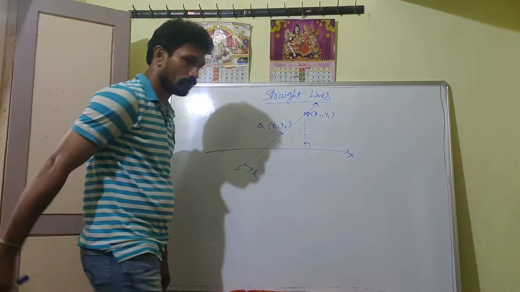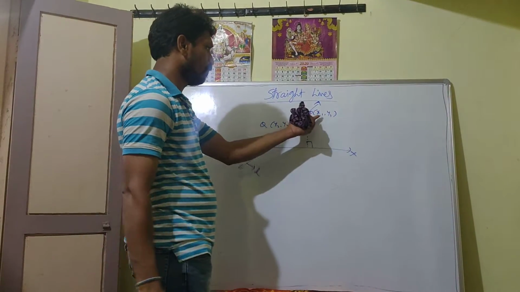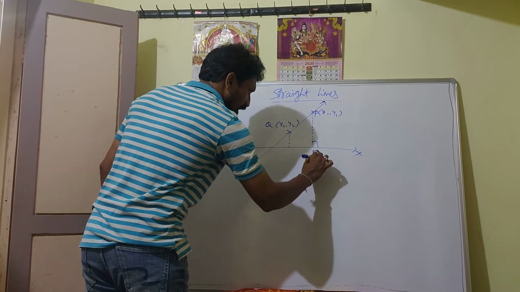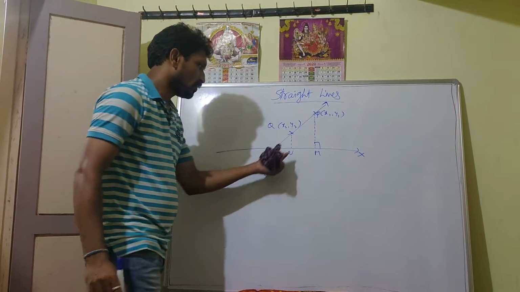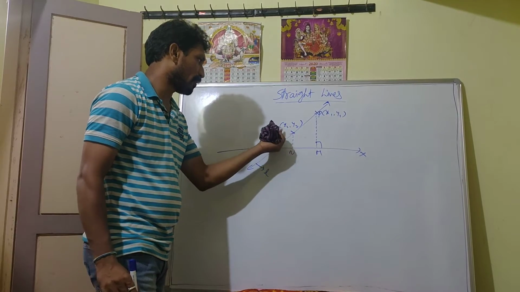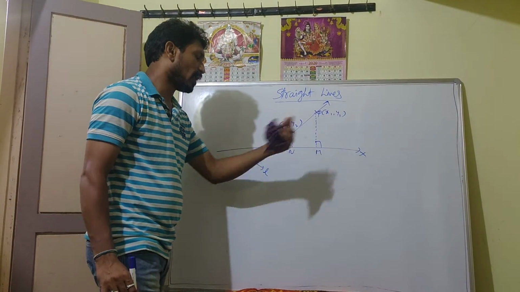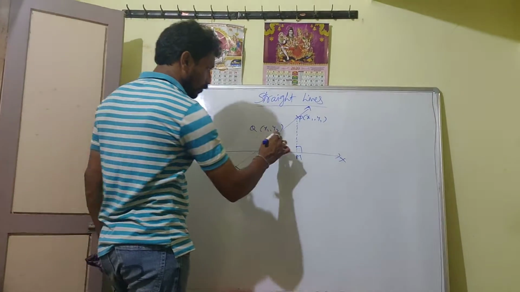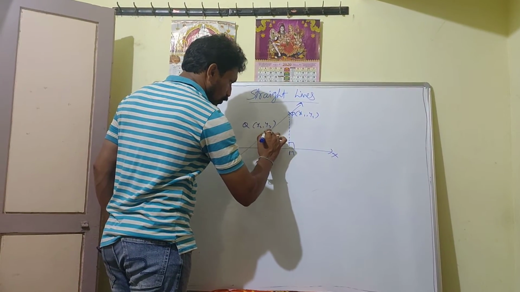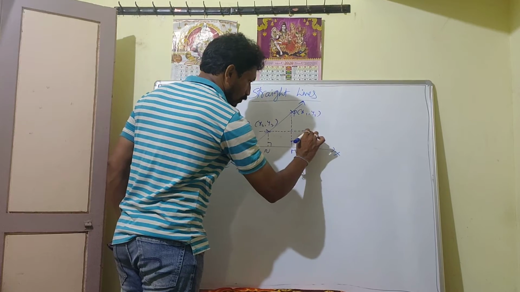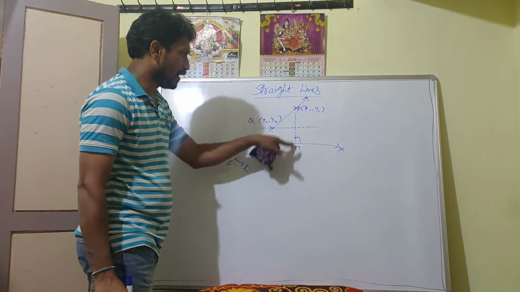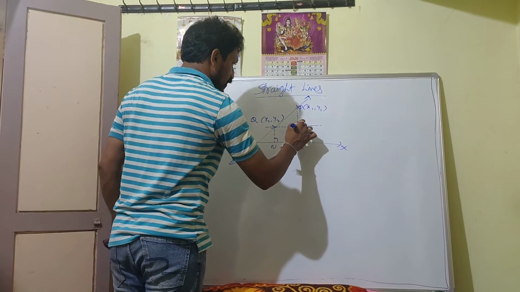This is the foot from P to the x-axis, M. This is also the foot of the perpendicular from Q to the x-axis, N. If you draw a parallel line to the x-axis from Q, it meets PM at some R.